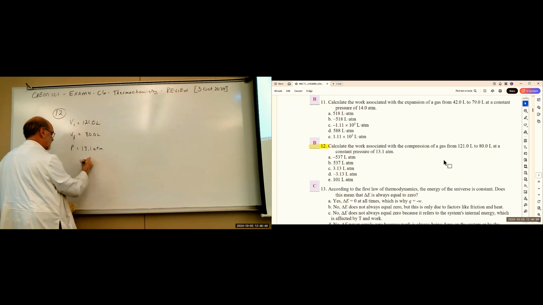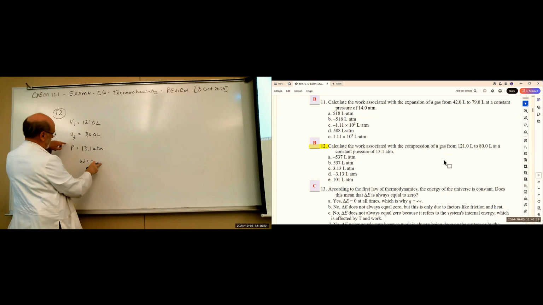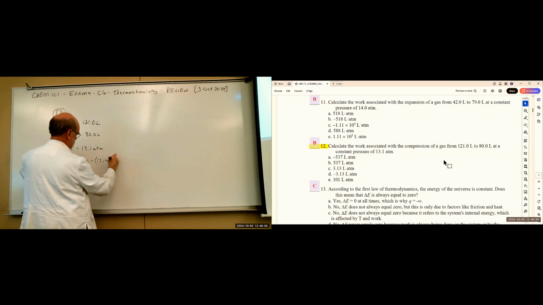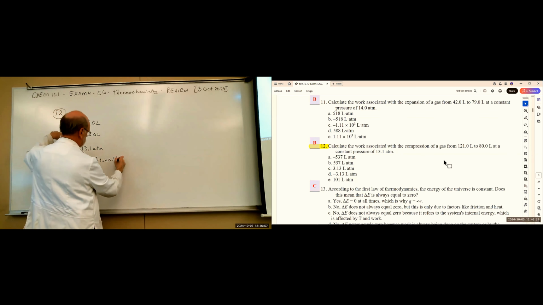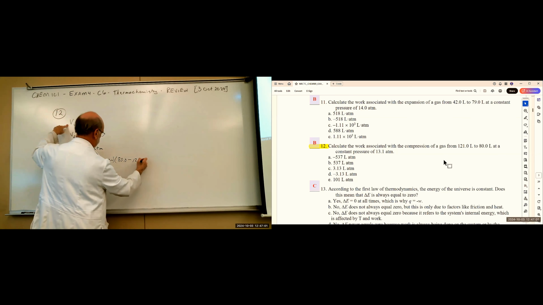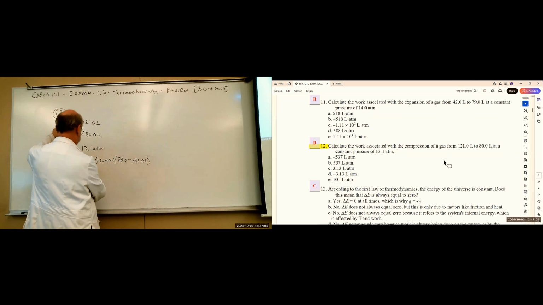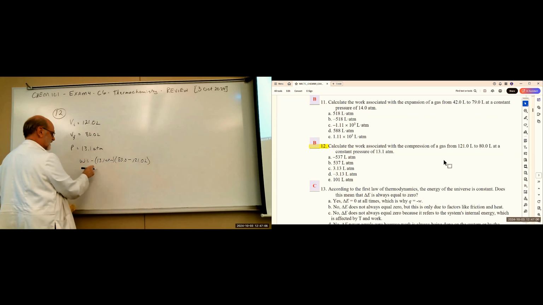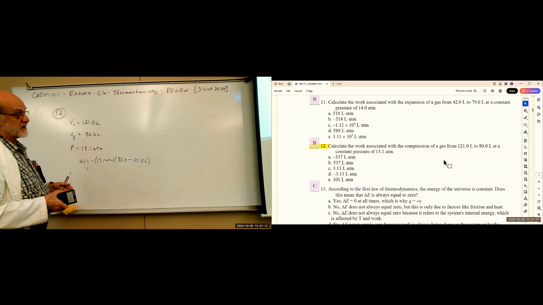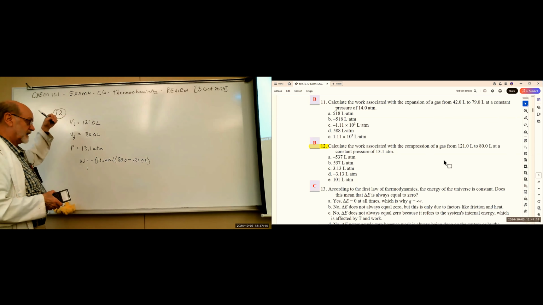So all we have to do is say pressure, and then final minus initial. Now, this is going to be a negative, that's a negative, so we're going to come out with a positive number, which means work is being done on the gas, and that makes sense. It's going from 121 to 80.